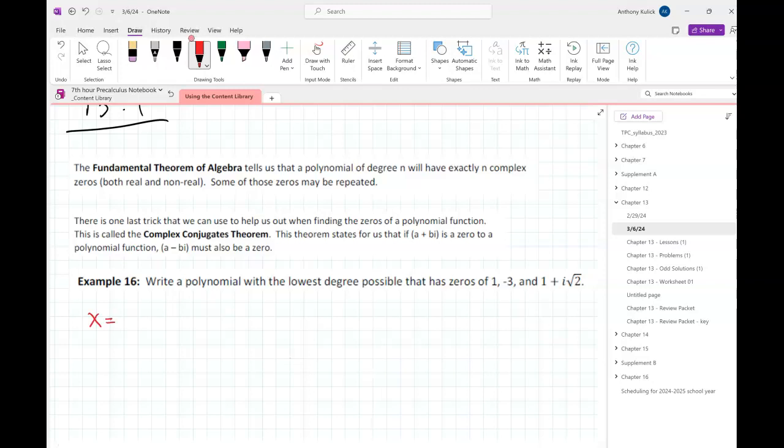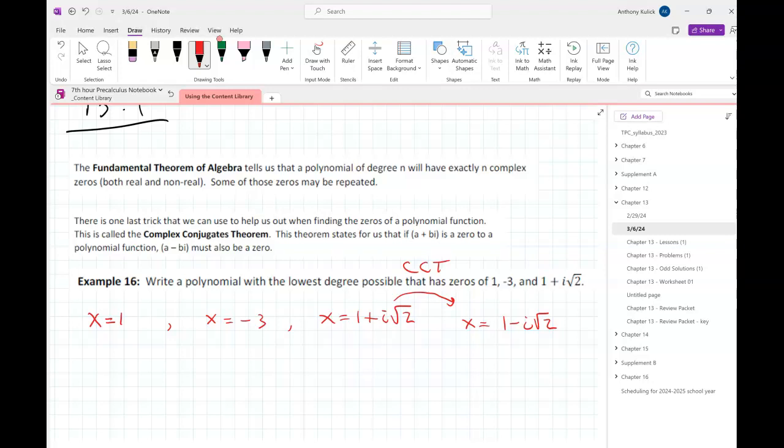So we know that we have these 3 zeros, right? Now, I know, because of that complex conjugates theorem, I also have this 4th zero, the conjugate of 1 plus i root 2. Everybody's okay there?